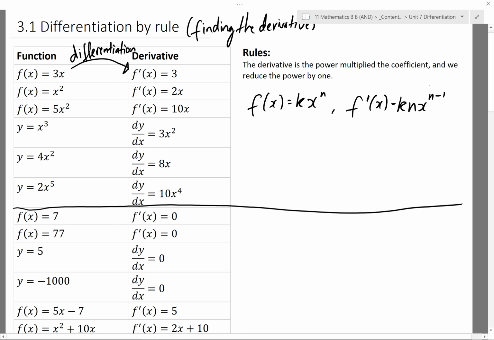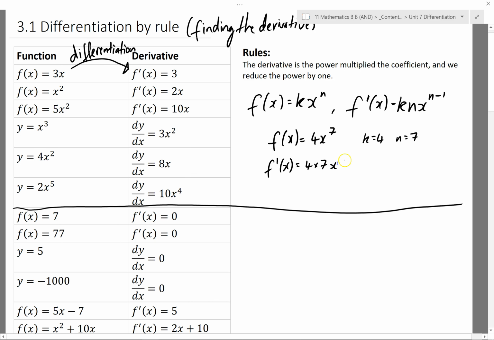I'll do a quick example just using the function notation. If I have a function 4x to the power 7, I could identify that k equals 4 and n equals 7. Coefficient's 4 and the power is 7. So my derivative will be k times n, so 4 times 7.